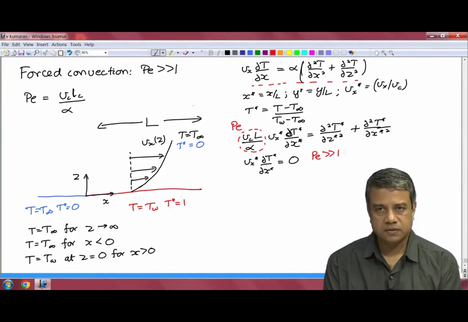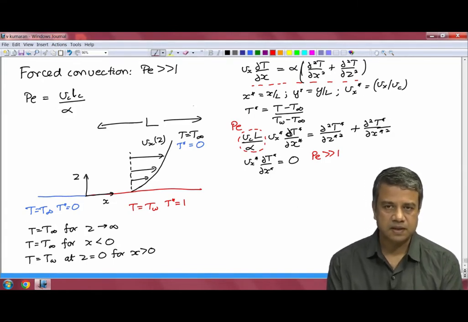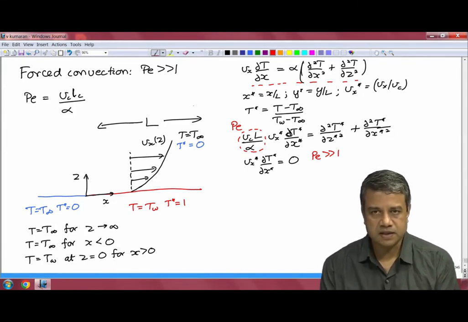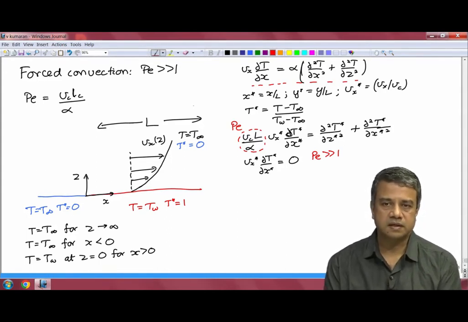This just tells you that the temperature is a constant along streamlines. Vx partial T by partial x is the variation of temperature along the streamlines, because the velocity Vx is in the x direction.